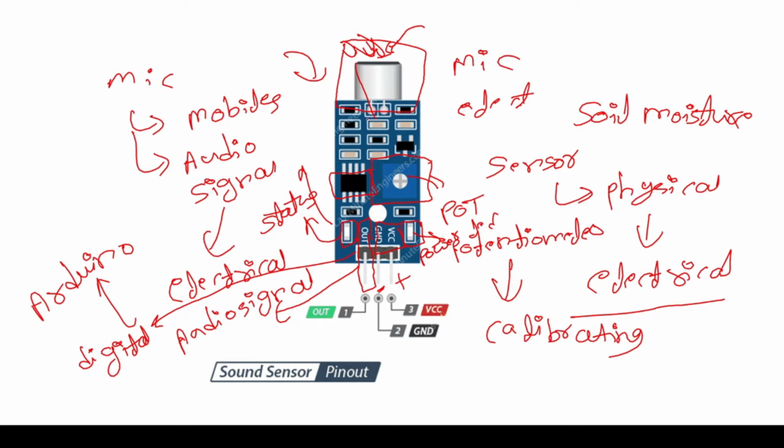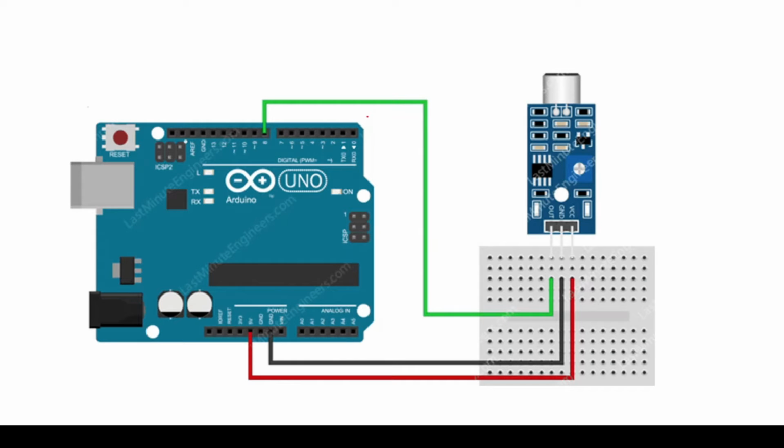Now let us move into the connection diagram, how we are going to interface this with an Arduino board. It's a very simple diagram, as I explained in the pin configuration. The module has three pins: VCC, ground, and the output pin from which we collect the signal.